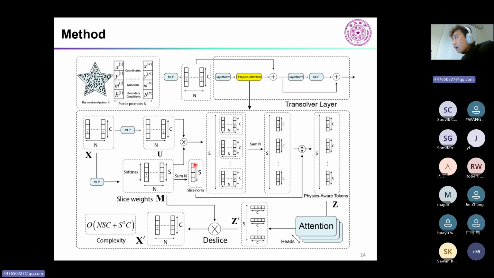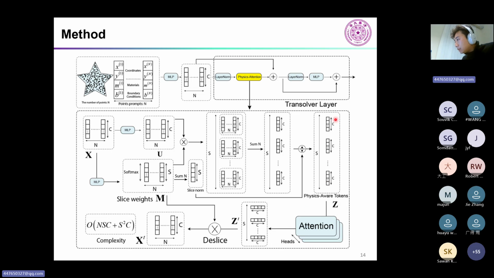There are S values, so the first value divides the first one, the second value the second one, and the last one the last S. As a result, we get a physics-aware token. Please note that the sequence length is S, whereas originally there were n points, so S is much less than n.